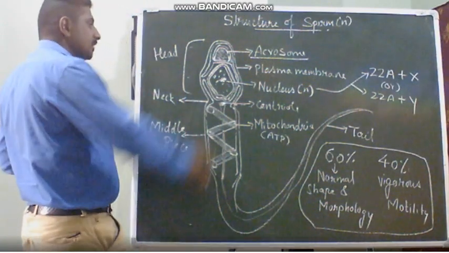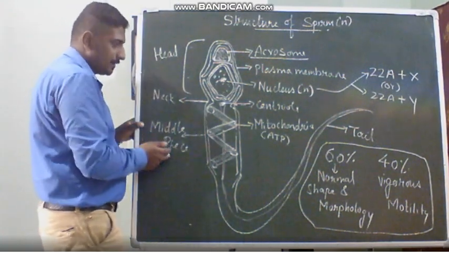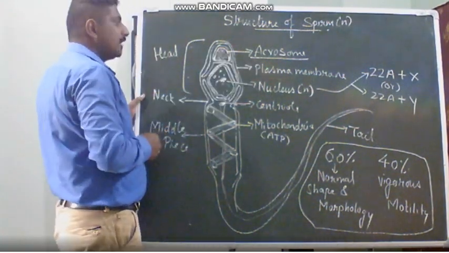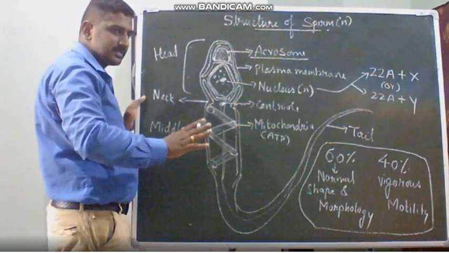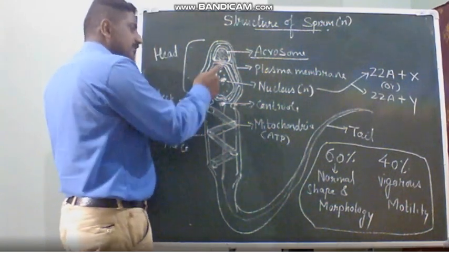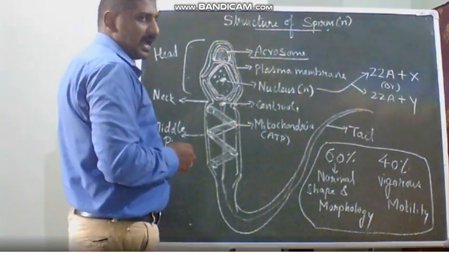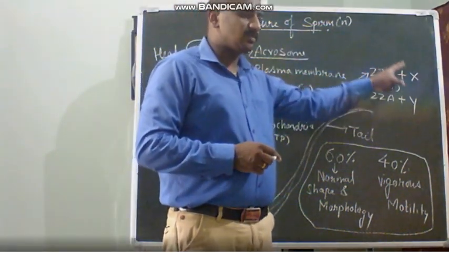A small brush-up: the outer layer is made up of plasma membrane, and the sperm is divided into head, neck and middle piece, and the fourth option is the tail. The head has the acrosome, involved in the acrosomal reaction, which is very essential for fertilization. How it occurs we can see afterwards. Next we have the nucleus, which is haploid and may have 22 autosomes plus one X chromosome.